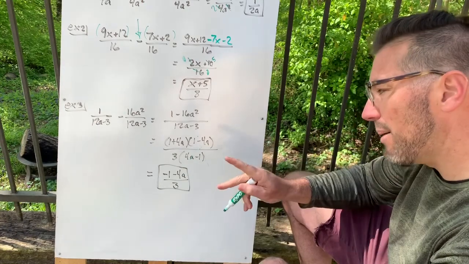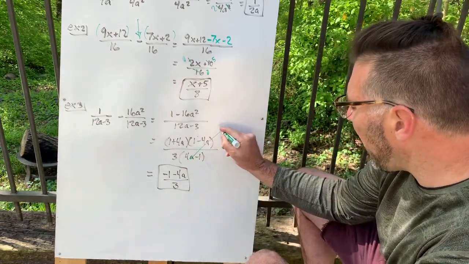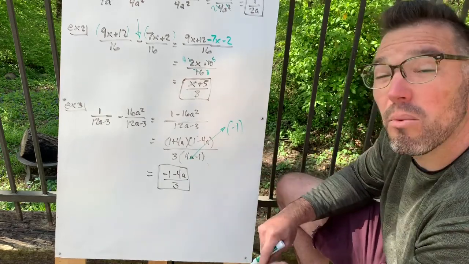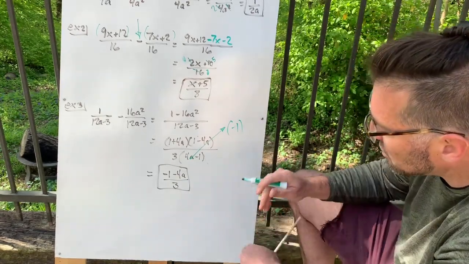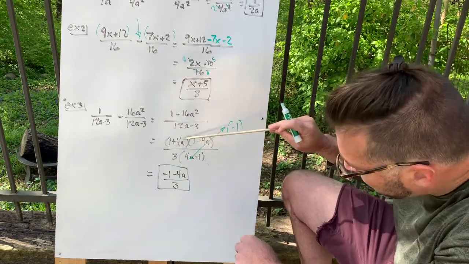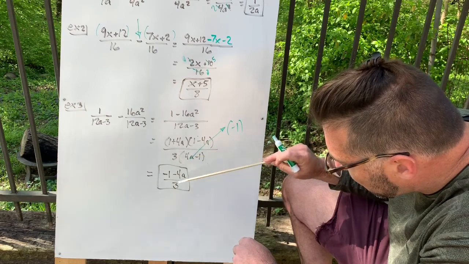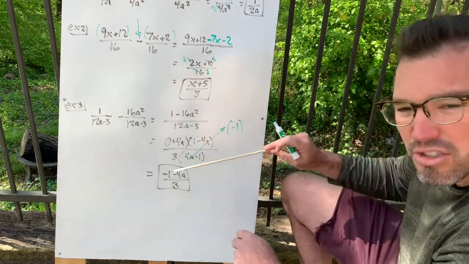Notice how they're flip-flopped, and there's both negatives there. This actually cancels into negative 1, if you remember from yesterday. And so we have this binomial times negative 1, so I have to distribute that. So I get negative 1 minus 4a all over what's left here, which is 3. And that's your answer, simplified.